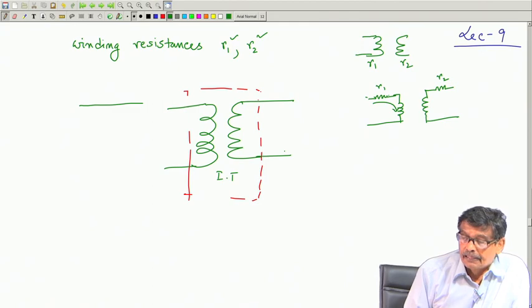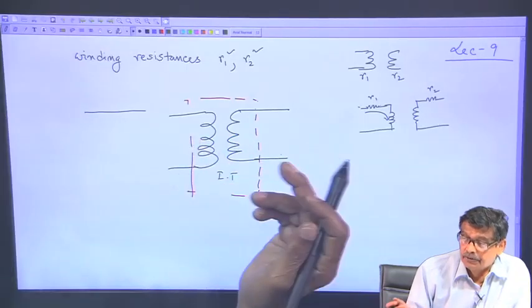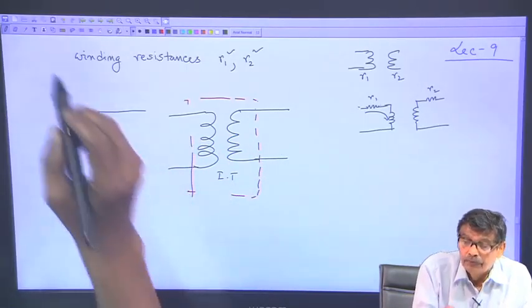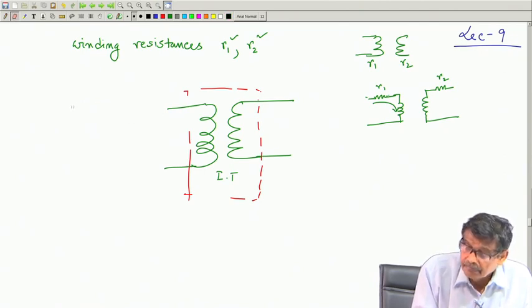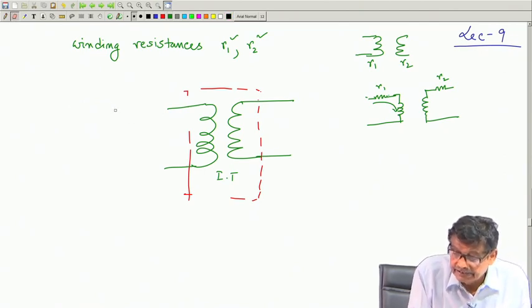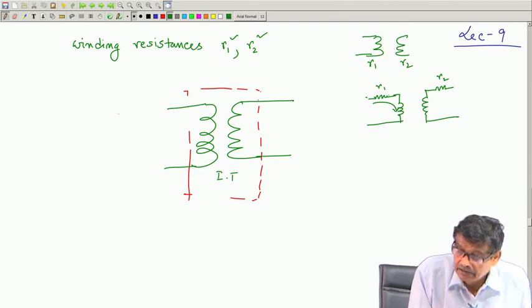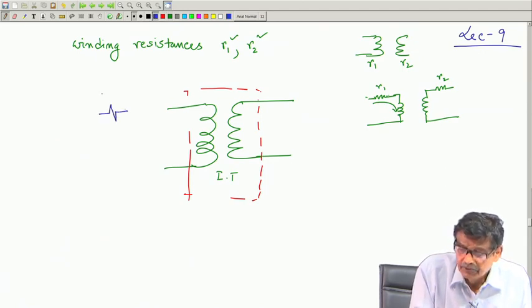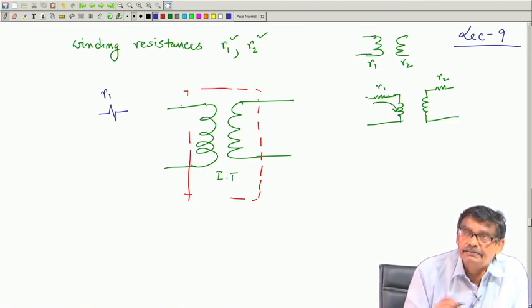Okay. And then I am telling, to this ideal transformer, this winding is not purely this thing. So, there will be resistances in series. I will connect it here, which is small resistance nonetheless, R 1, it will come in series.